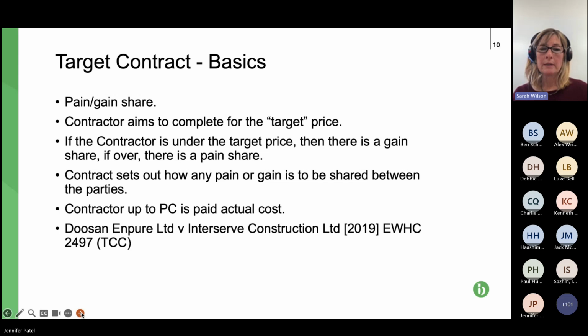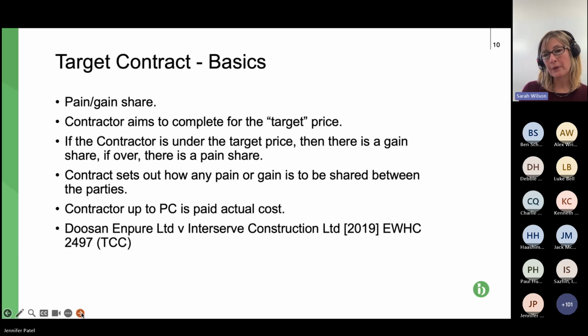Again, what you need to think about when you're negotiating the contract is which situation would be best for you, and is it important? Because it works both ways, really. If the pain gain is going to be assessed as you go along, that's good for the contractor if they're in a gain situation, because it means you get additional money on a monthly or interim basis rather than having to wait till completion.